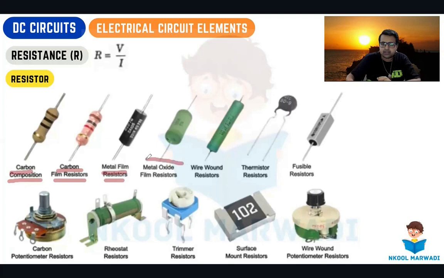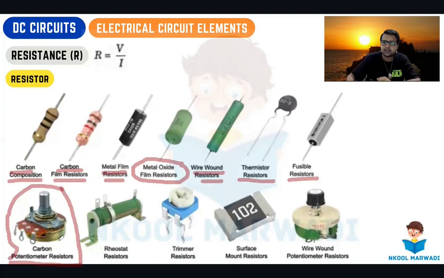Then we have metal oxide film resistors, wire wound resistors, thermal resistors, fusible resistors, carbon potentiometer resistors. The idea of this carbon potentiometer resistor is that we can rotate it, so we can vary the resistance. It is a kind of variable resistor. It's a potentiometer resistor, meaning we can vary the resistance.